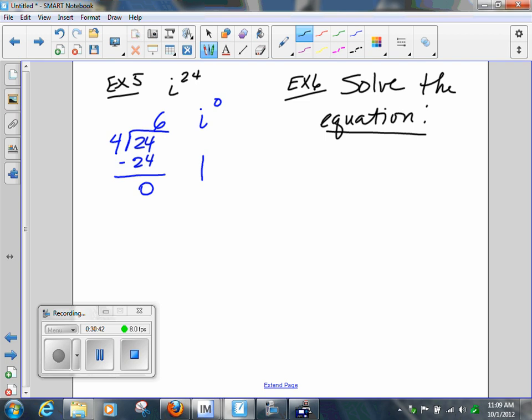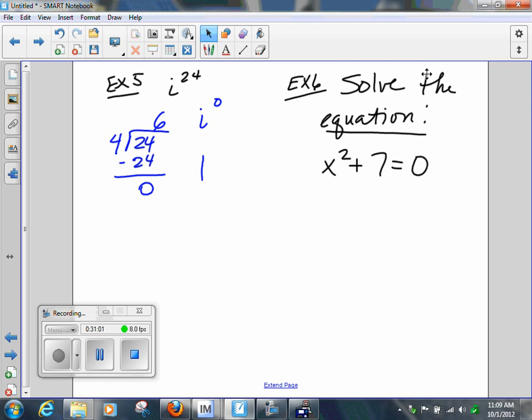Solve this equation. Bless you. x squared plus 7 equals 0. Just for kicks. What are we going to do there? How do you solve?